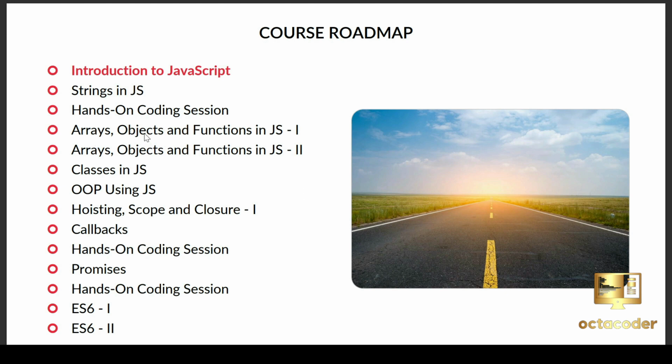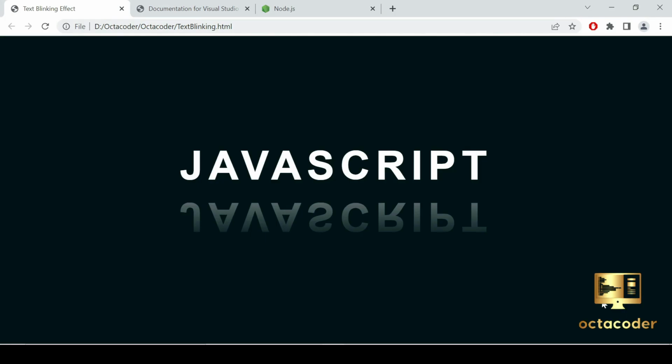Then arrays, objects, functions, arrow functions, which will be covered inside functions, and then closures, OOP concepts, and hoisting, which is an important concept that every interview asks about. Then we are going to learn ECMAScript, the ES6 version launched in 2016. So these are the things we are going to learn in JavaScript. Let's get started with the introduction.